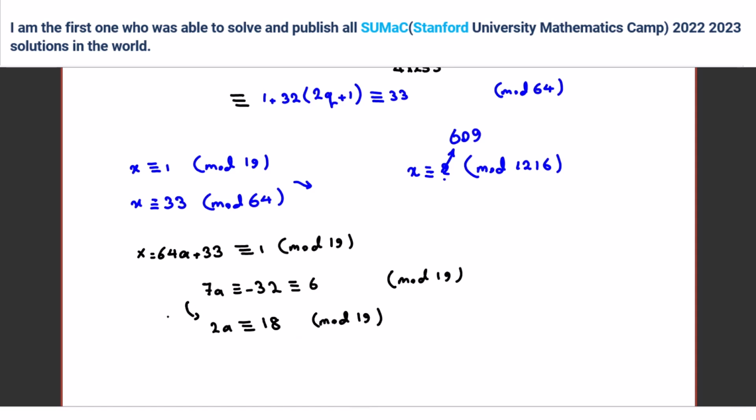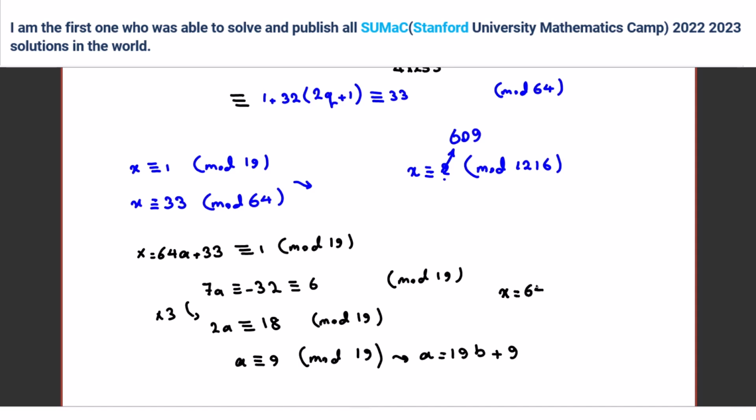Agreed? Yeah. Then we can divide by 2, a mod 19 over what? Over 2. No, over the GCD of 2 and 19, which is 1. So it will be mod 19. So a is 19b plus 9.